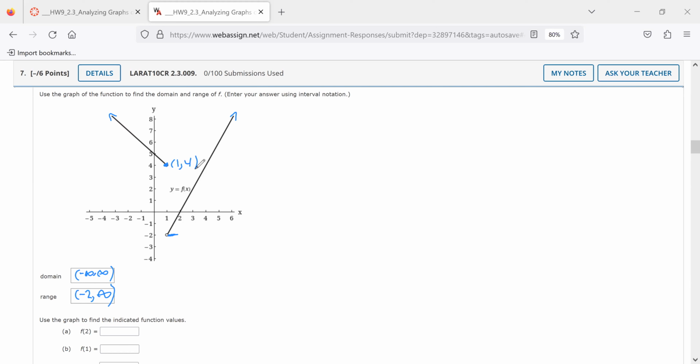But it is not defined at 1, -2, right? But if you think about it, if they were both filled, wouldn't that violate the function definition? Yeah, because then it would have two different outputs, right? Yeah, so you have to have one open.